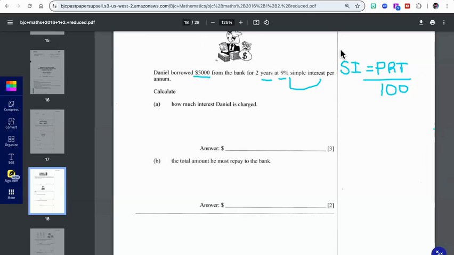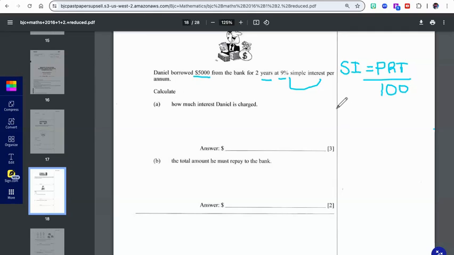Now, sometimes math teachers will teach you to convert that 9% to a decimal. By you dividing by this 100, that's converting that percent to a decimal. So you don't need to go ahead and convert that to 0.09 and divide it by 100. By you dividing it by 100, that's you converting it into a decimal.